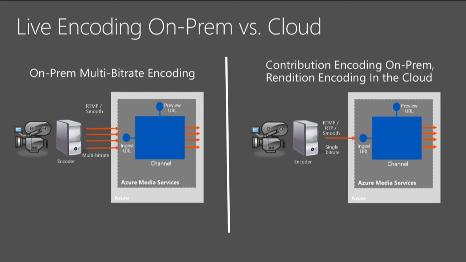All I have to do is output one high bit rate, high quality level, what I would call a contribution feed, and then I send that to the channel, and the channel will do all the transcoding into the multiple quality levels. What I'm going to demonstrate today is the current approach. Stay tuned at the end of the month if you want to start using this, and I'll point you to our blog post where you can get additional information when that becomes available.